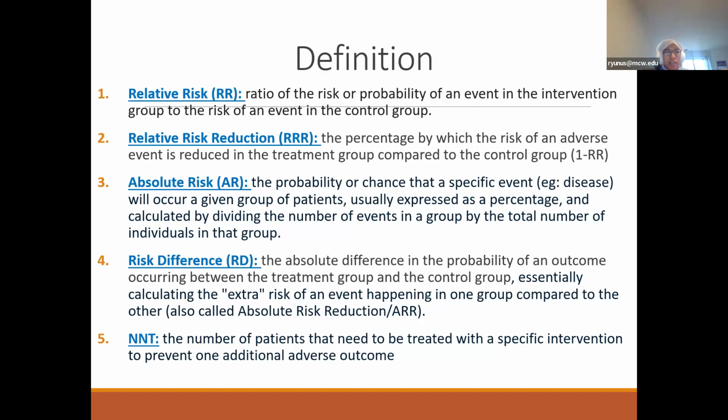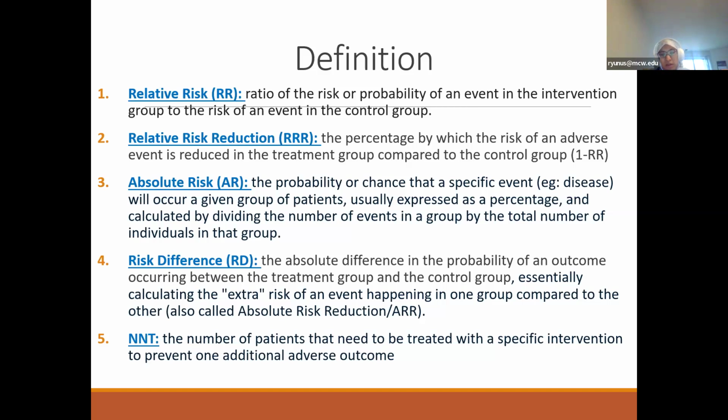So basically, NNT will give you an idea of whether an intervention is cost effective or not, right? Because if the number is so big that you have to give this drug to like 1 million people just to avoid one case of heart attack or stroke, for instance, is that worth it?